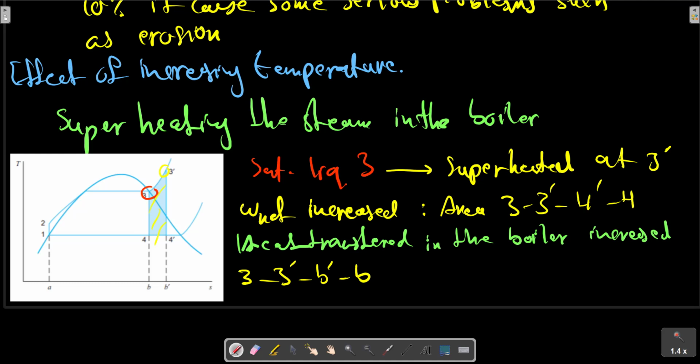And the heat transferred in the boiler is increased by the area 3, 3 prime, B prime, B.